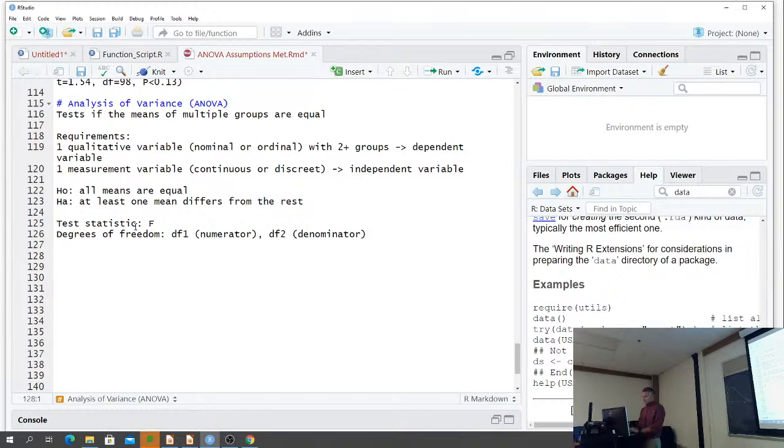Now, if all of our assumptions are met, then our test statistic, that mean squared term, will approximate this F distribution. So our assumptions: one, data are random and independent.